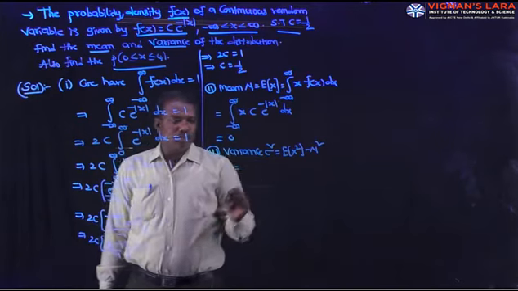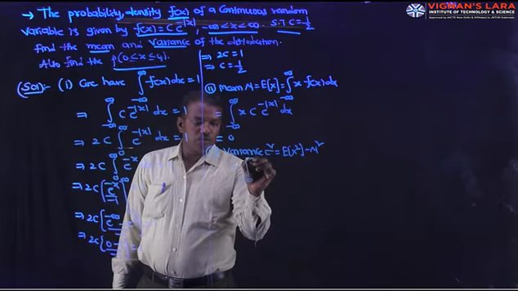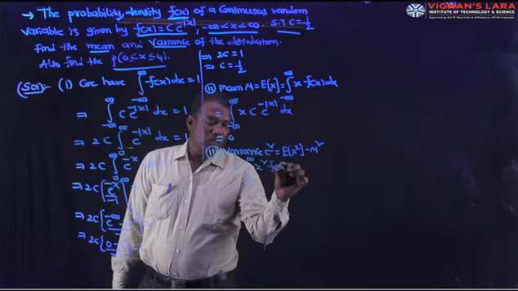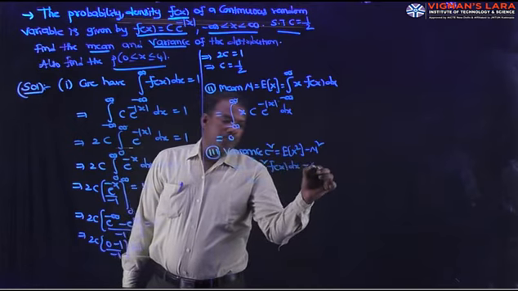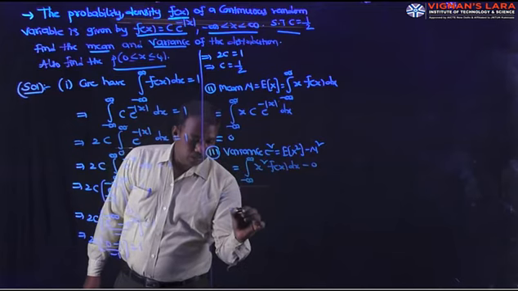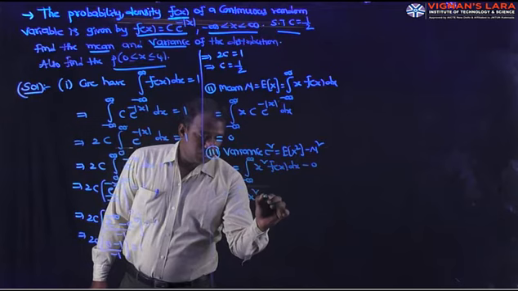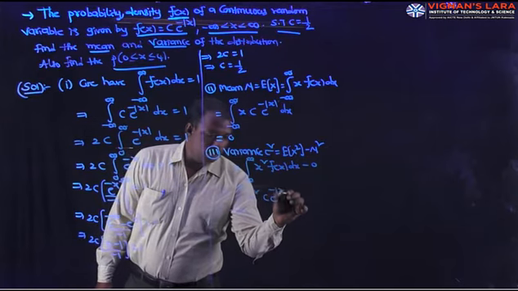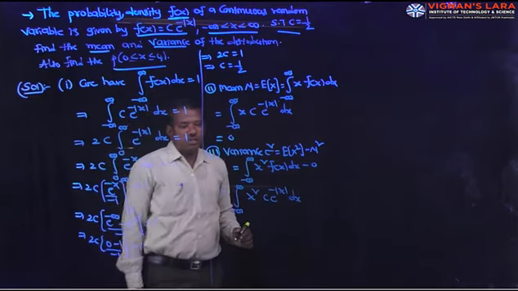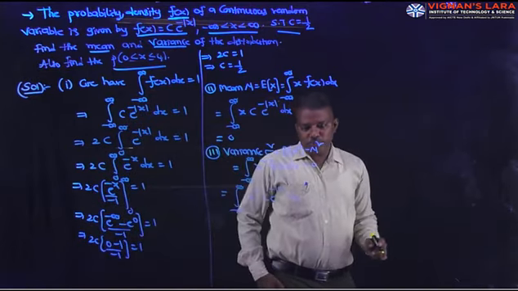E of x square is integral minus infinity to plus infinity x square f of x dx minus 0, since mu value is 0. So it can be written as integral minus infinity to plus infinity x square c e power minus mod x dx, since f of x value is c e power minus mod x. Here c value is 1 by 2.